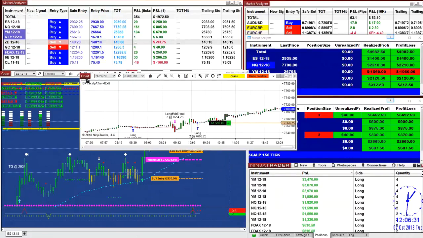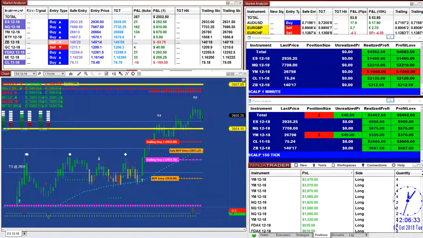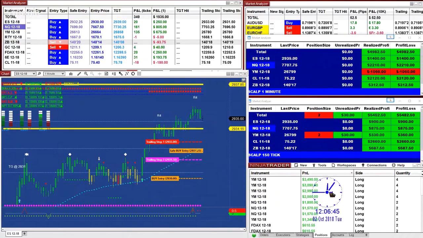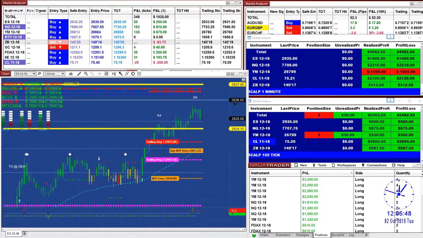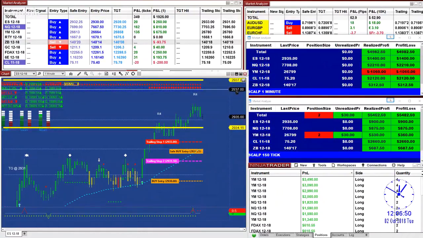Some of them are on 2, some of them are on 4, because they are under different accounts. So this is it. How many ticks are you guys in on that short trade right now on the ES? Now it's 35.